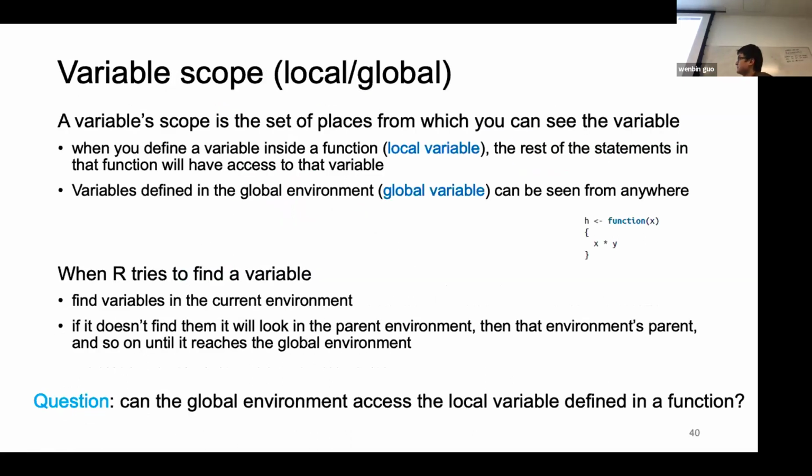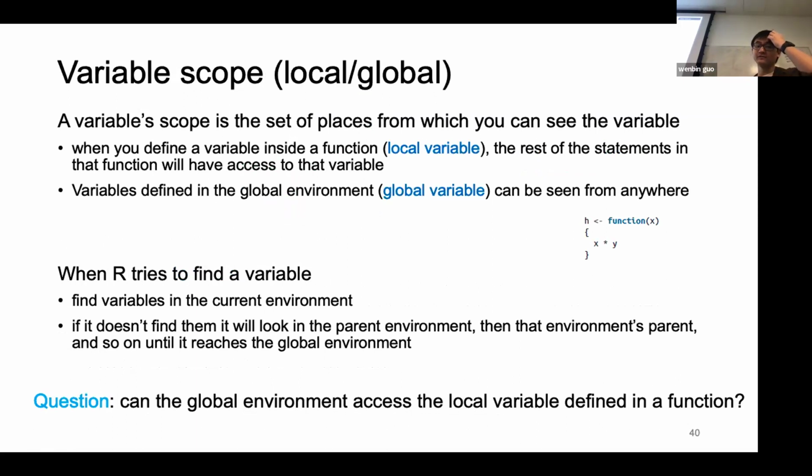Yesterday we also talked about variable scope. We mentioned it in the assignment, but we really didn't touch it. The variable scope is the places where you can see and use a variable.